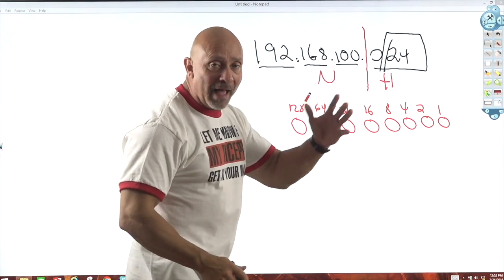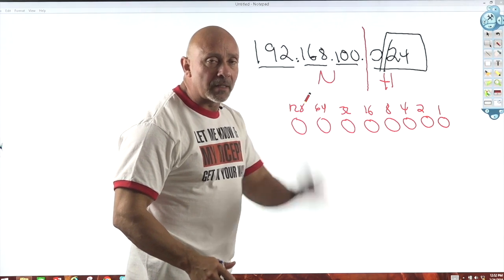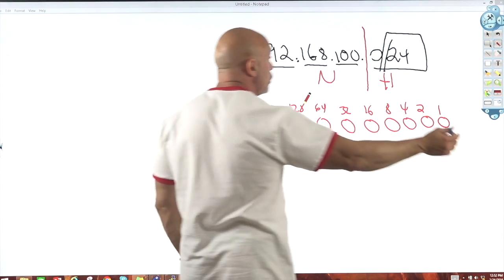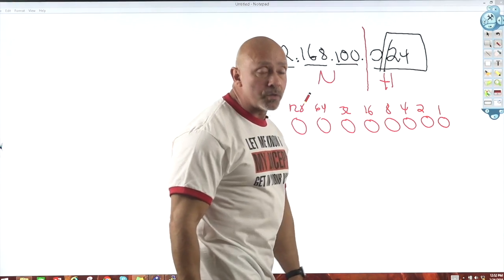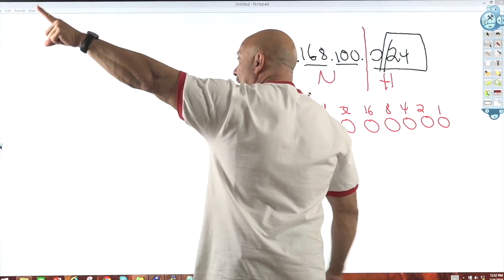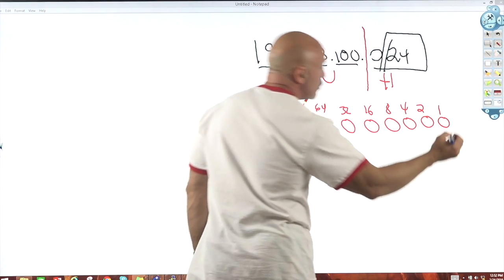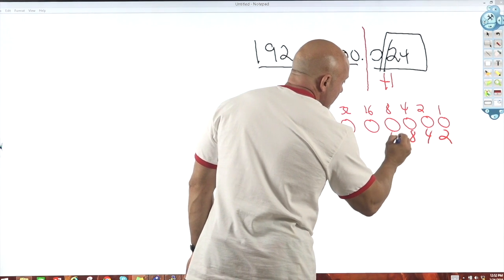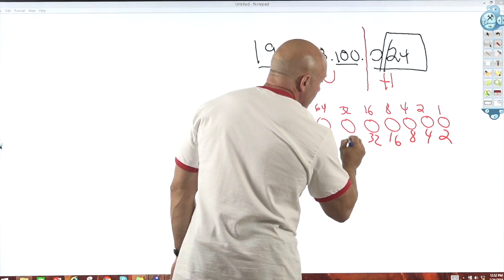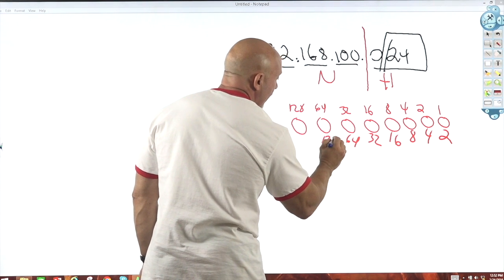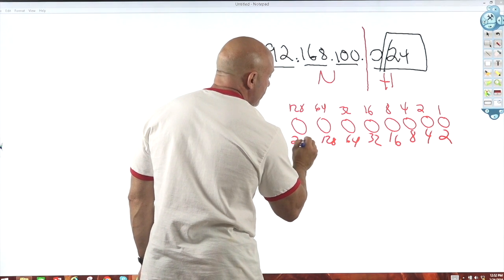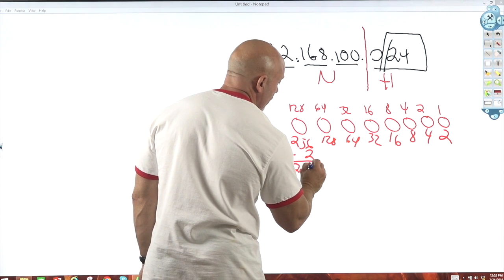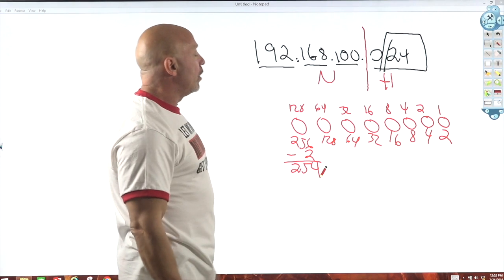Bit values are the value of that particular bit. Doesn't matter which octet you're in, those bit values won't change. When you're counting for hosts, you count right to left, starting by 2: 2, 4, 8, 16, 32, 64, 128, 256, minus 2, 254.